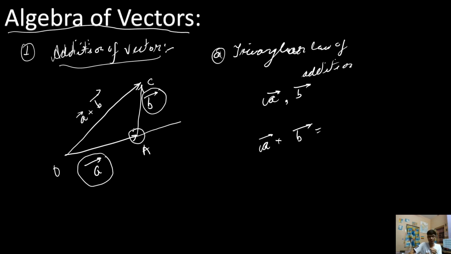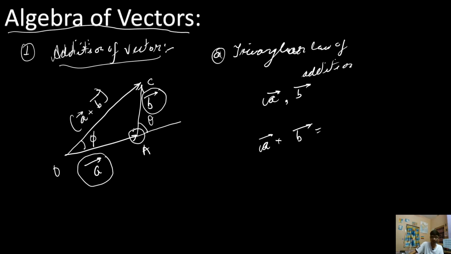My words are very specific: when you join the two tails or the two heads of the vectors, the angle corresponding to that gives the angle between the vectors. So if this quantity is theta, that means the angle between A vector and B vector is theta, and if I see this other term as phi, then the angle between A plus B vector and the A vector is phi.